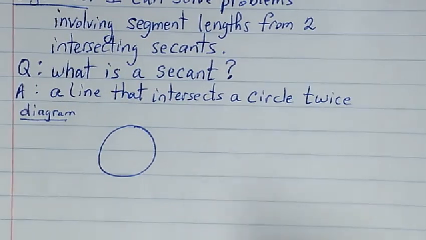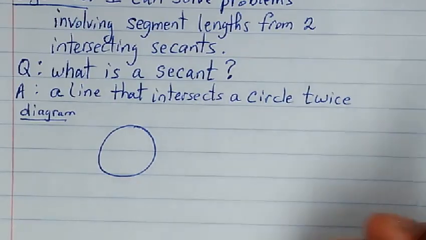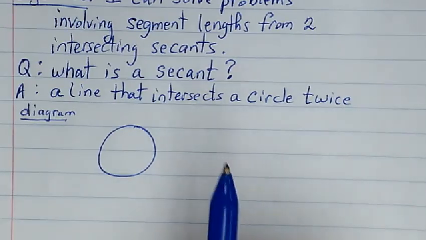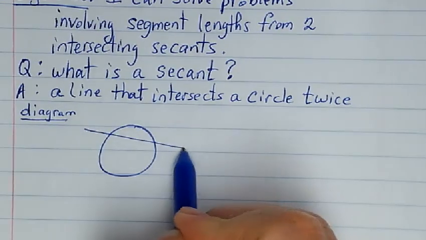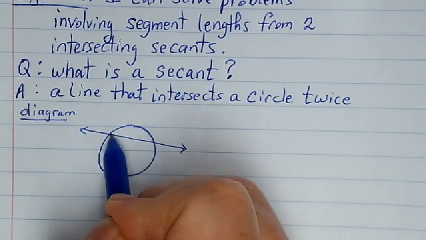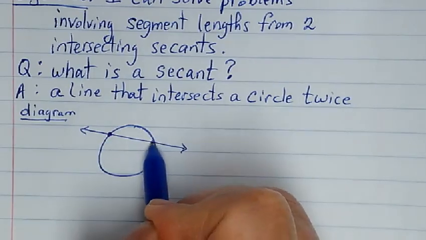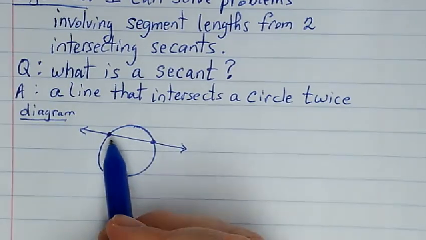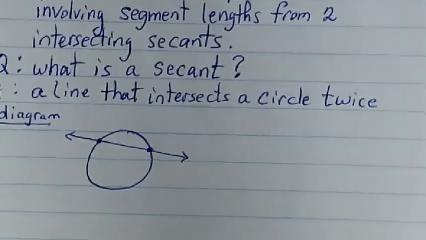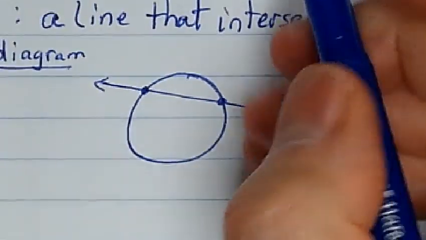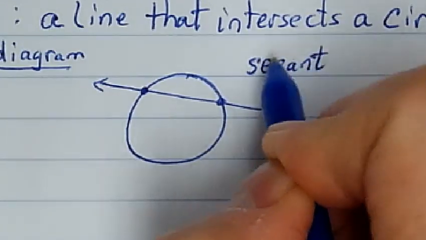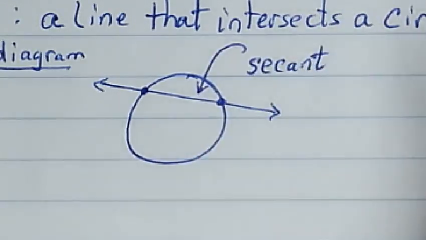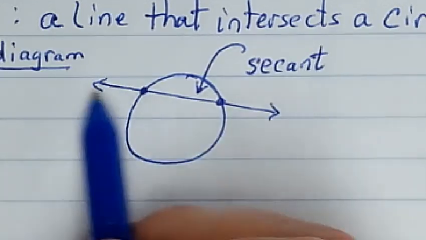Now, if you draw a secant, a secant is nothing more than a line like that. But notice how it touches the circle twice? That's a secant. See how it touches the circle twice, but it's a line.